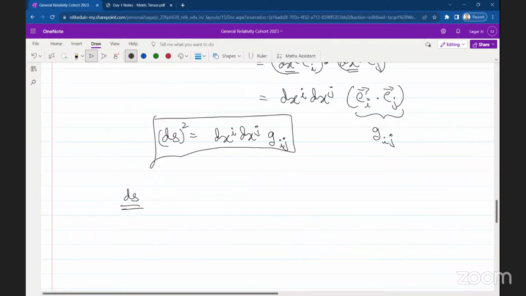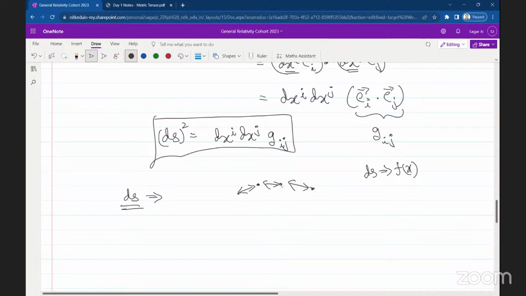If you know ds, you know how to express the distance between two very close points, and then you can extend it to get the distance between any two points. Now ds square is actually a function of position, so different positions have different values, isn't it?